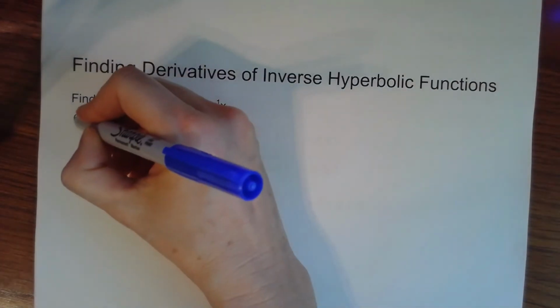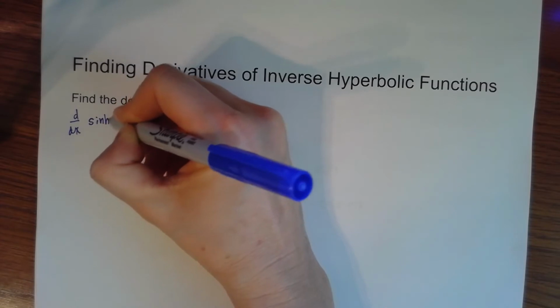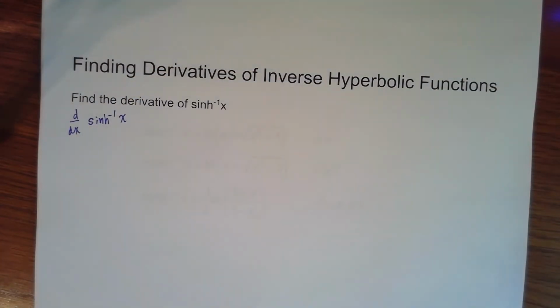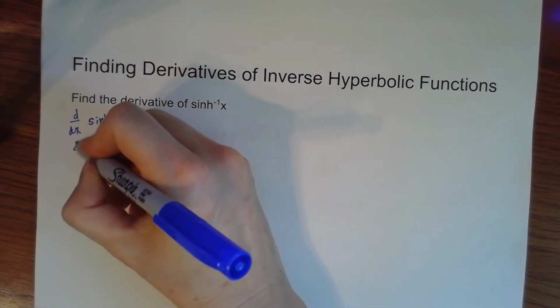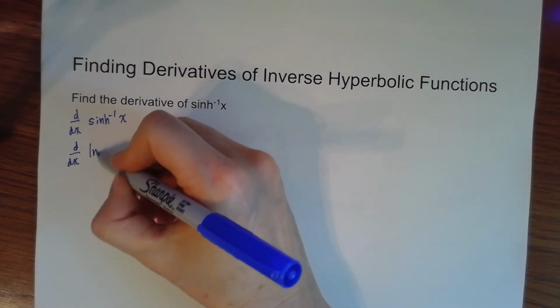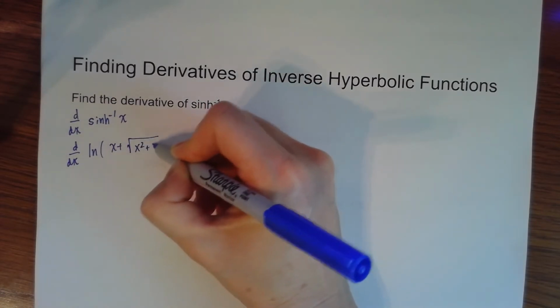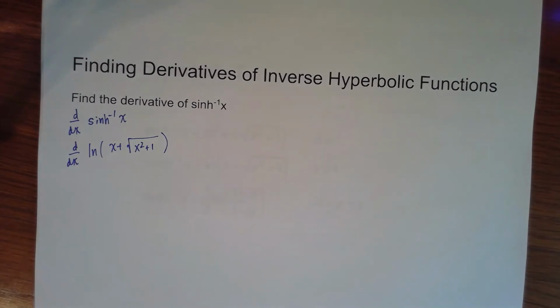Well, from the previous page, we know that the inverse hyperbolic sine is the same thing as the natural log of x plus the square root of x squared plus 1. So it's the same thing as taking the derivative of that expression. Maybe not the prettiest, but we know how to do it. We've got a composition of functions, so we just need to use the chain rule.